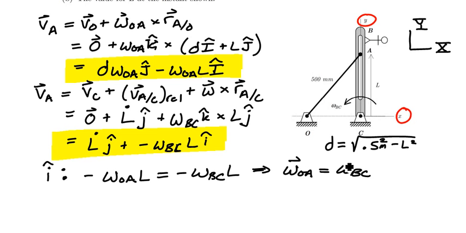In vector form, it's equal to omega BC in the little k direction. I could write that in capital K too if you'd like.